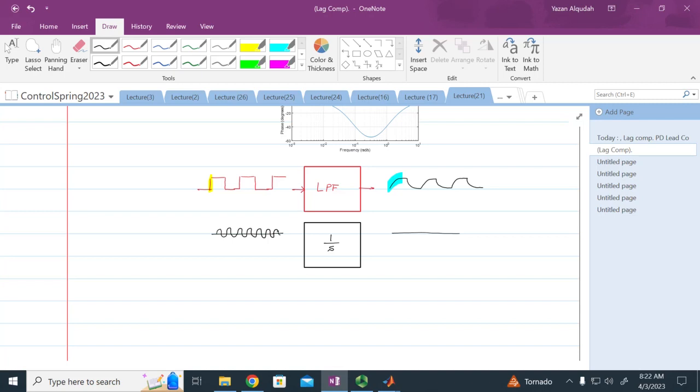Okay, let's see what happens if I apply this signal, and then if I apply this signal, which is a constant, then apply this signal, which is very low frequency. So this is high frequency, this is DC, which is constant, and this is low frequency. What happens if I apply these three signals to this integrator?